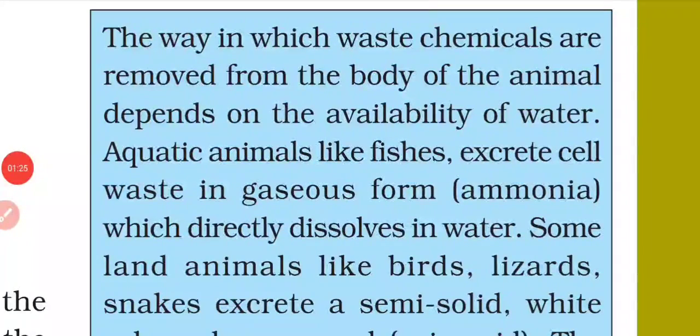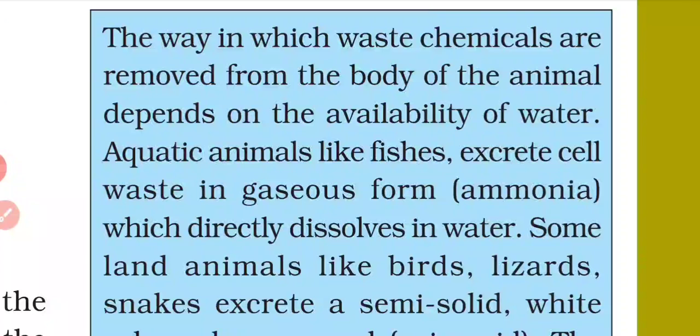Now one important thing is that the waste chemicals removed from the body of an animal depend upon the availability of water. If it is an aquatic animal, water is not a problem, as lots of water is available, so they remove their waste in the form of ammonia, which is quite toxic.